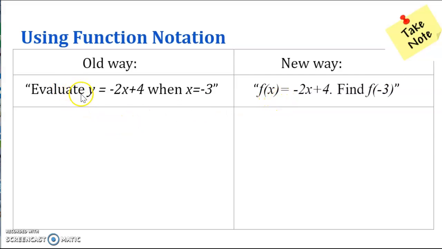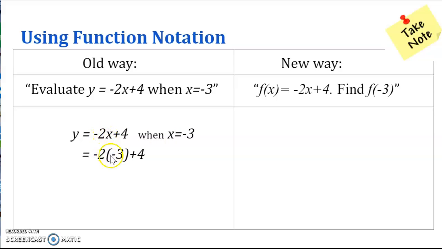So let's solve it the old way. Okay, y is negative 2x plus 4 when x is negative 3. Like always, I like to write down the question in its entirety first. Then to evaluate, you just need to substitute negative 3 wherever you saw an x. But notice that it's not just negative 2, negative 3, it is being multiplied.